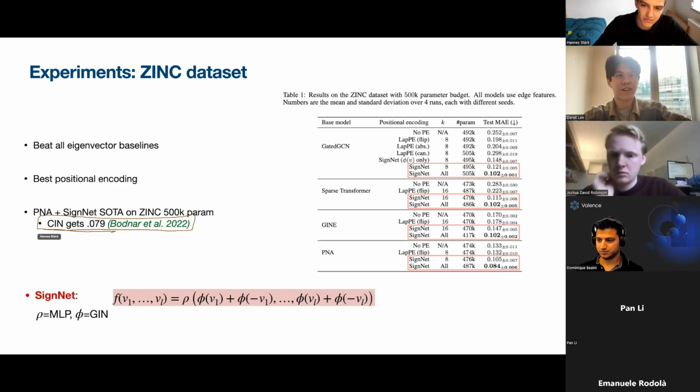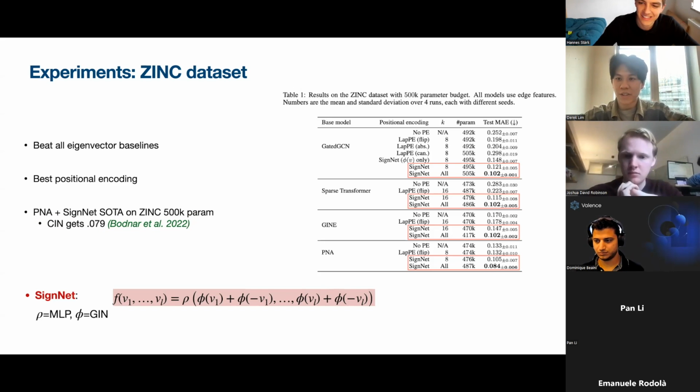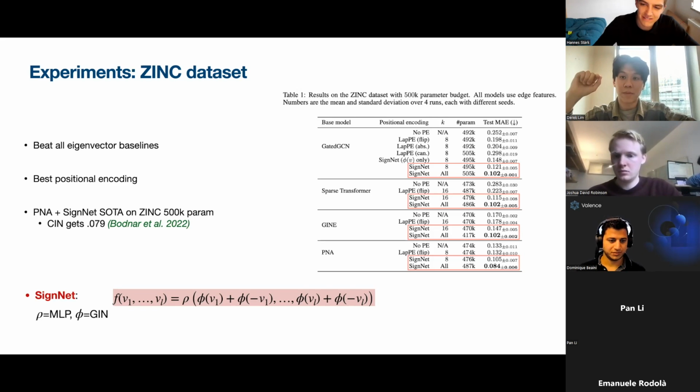But eigenvectors are domain agnostic, which is nice. Anyway, we do really well. And as I said, we have phi to be a GIN, which is really important, and rho to be an MLP.